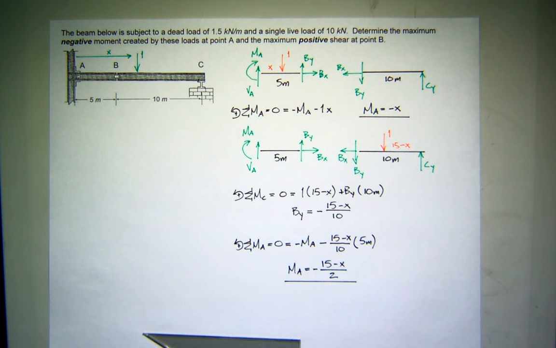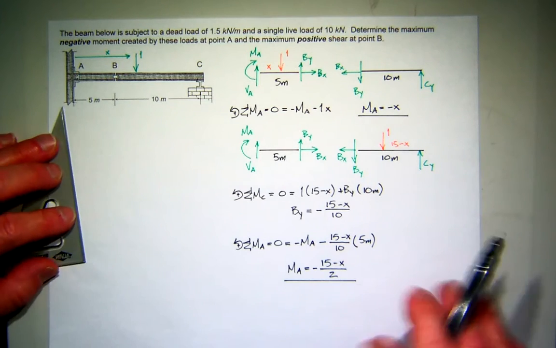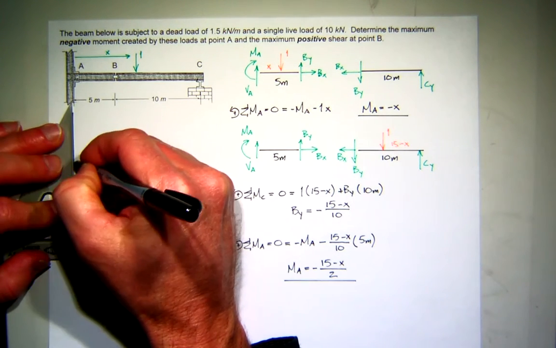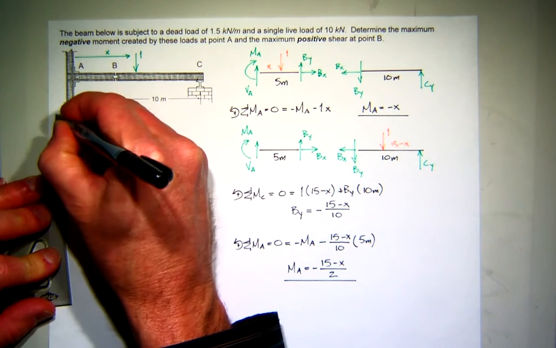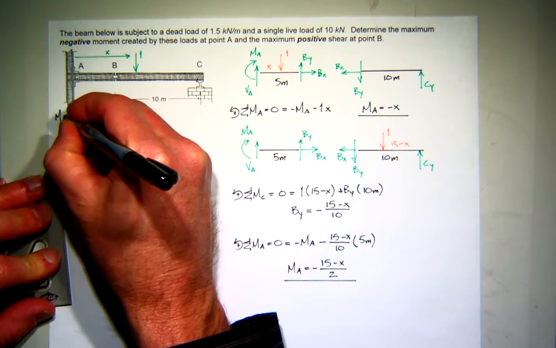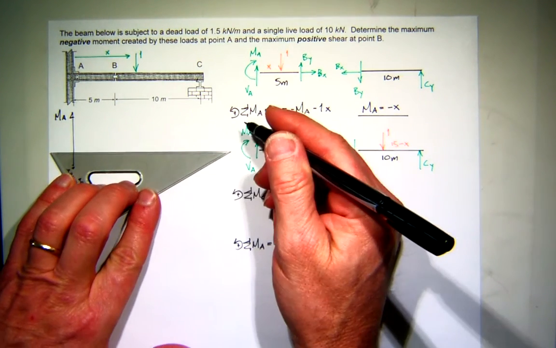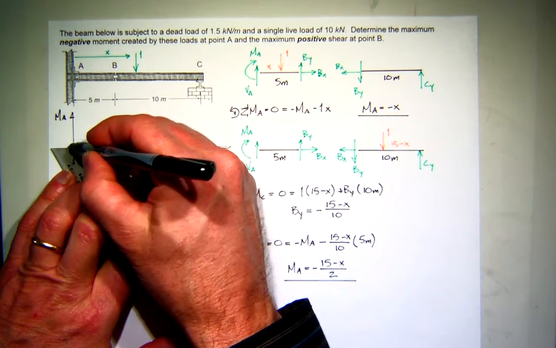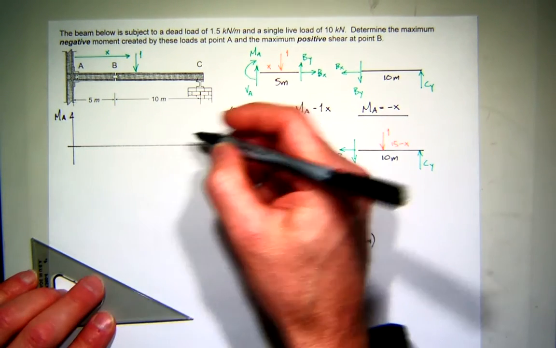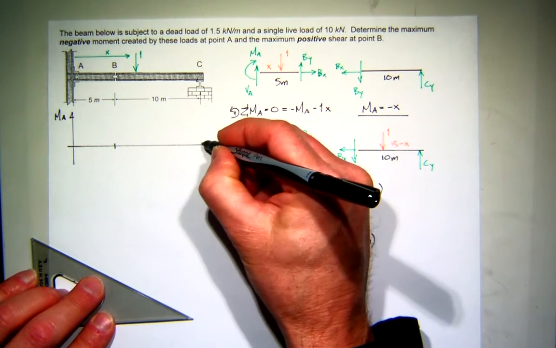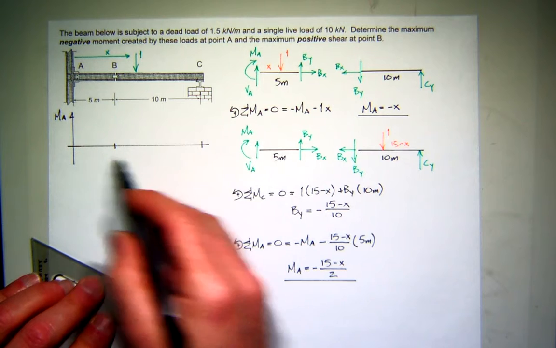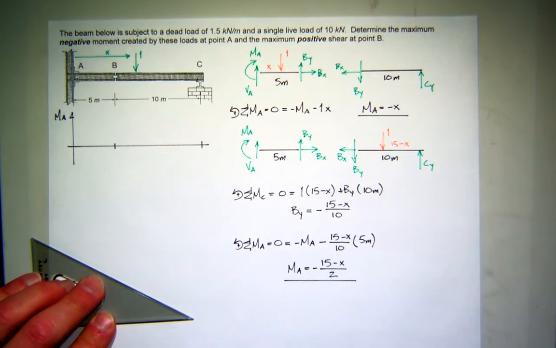Okay? So now we can come back and we'll draw the influence line. So I'll come over here and I'll make my ordinate again, the moment at A, and then we'll see how that varies over the length. And I'll worry about 5 and 10. So from 0 to 5, I'm plotting this equation, which is minus x.